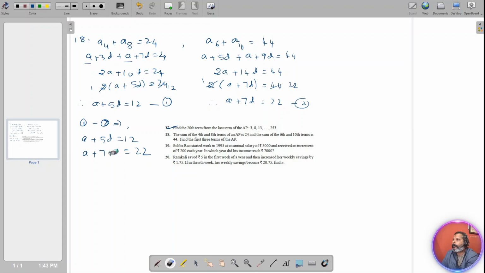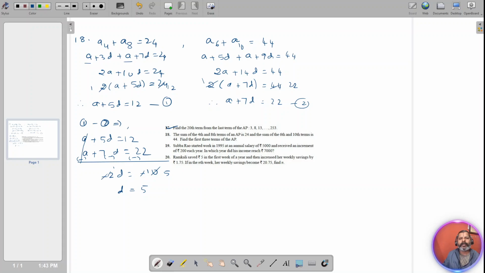Since we're subtracting these two, you have to change the signs of the second equation. a gets cancelled. 5d minus 7d becomes minus 2d. 12 minus 22 becomes minus 10. Minus minus cancels. So 10 divided by 2 is 5. d equal to 5.